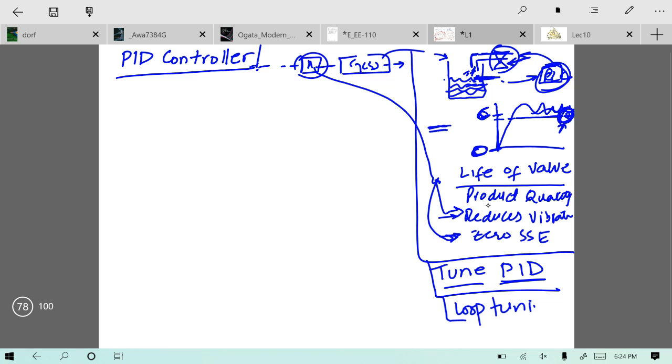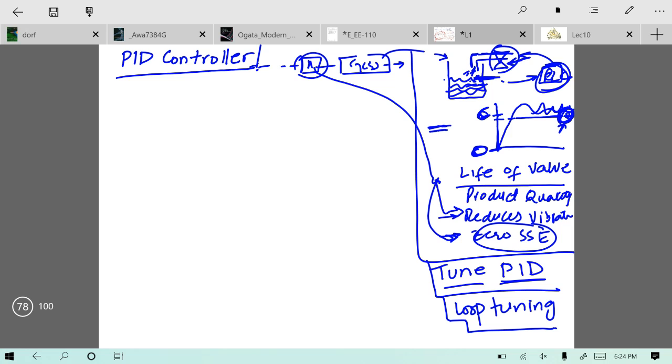Loop tuning is of critical importance in your industry because it saves a lot of revenue by increasing the life of your valves. It increases the life by reducing the vibrations, and it increases the product quality by making the steady state error equal to zero. That is why your controllers, or specifically your PID controller, is important.